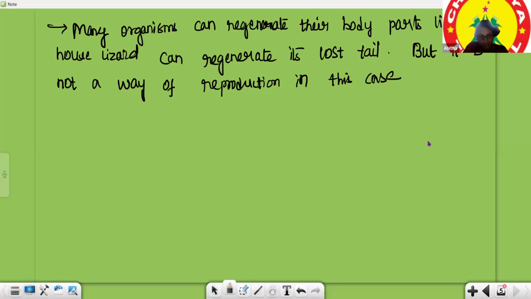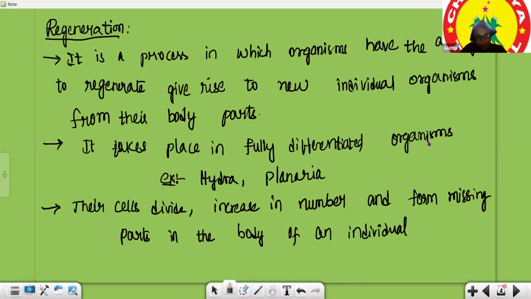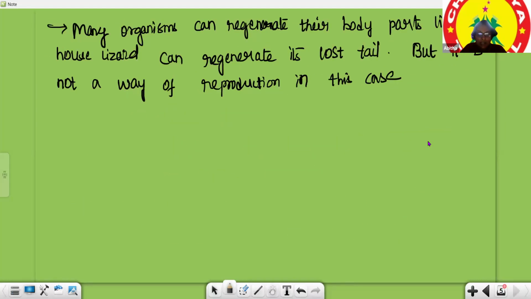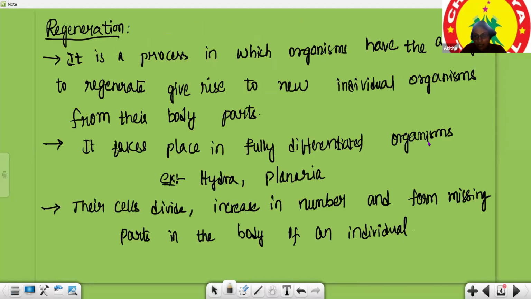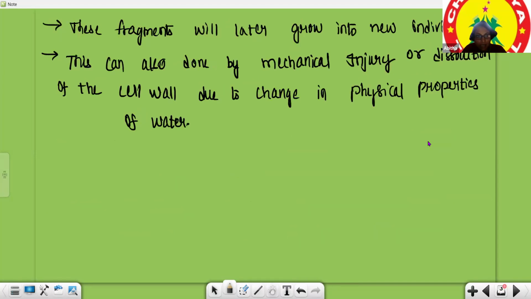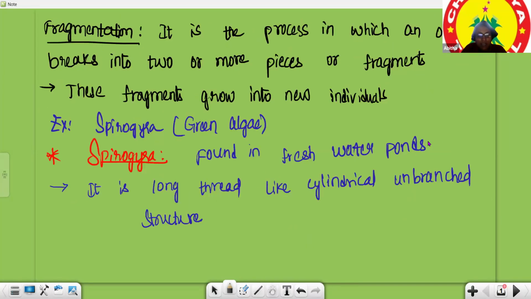Let's see what we have discussed in today's class. For regeneration, we have seen the examples Hydra and Planaria. In the next class, we will learn how the regeneration process happens in Planaria. We started with fragmentation.